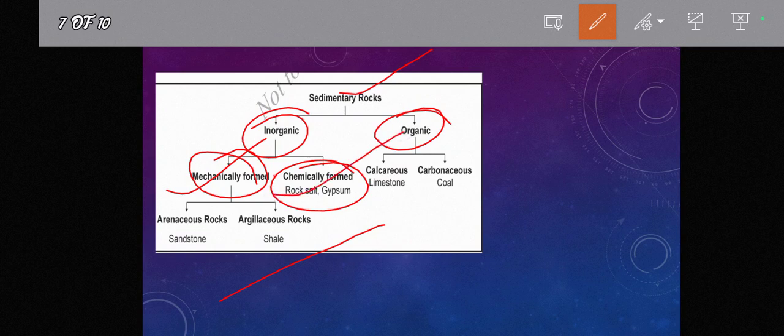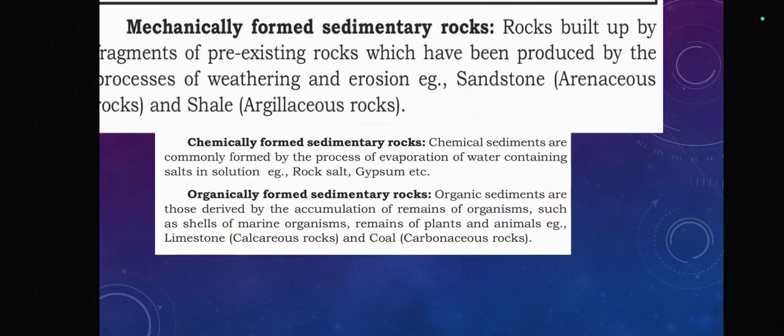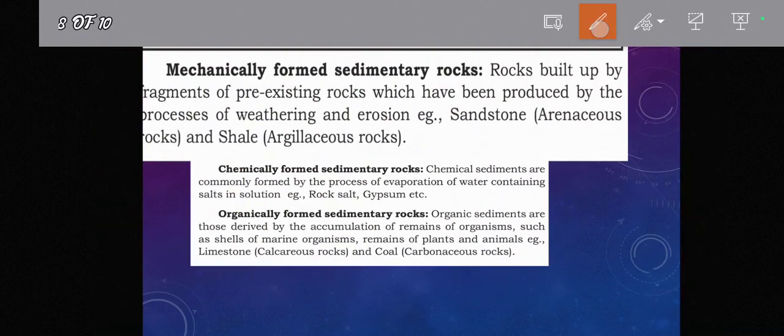We will understand the mechanical and chemical ways. Mechanical, chemical, and organic: these are very important. In mechanical formation, the rock is built by fragments of a pre-existing rock, produced by the process of weathering.